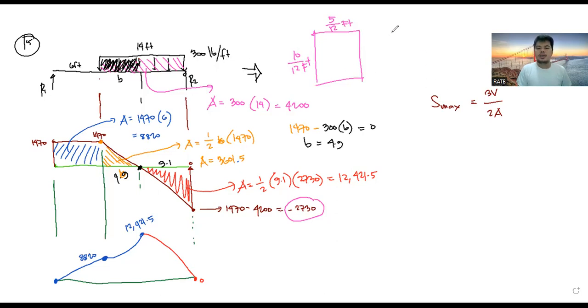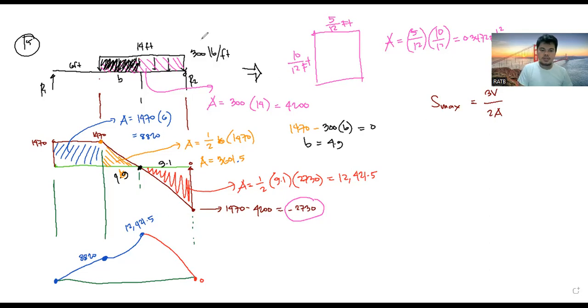Area then is equal to 5 over 12 times 10 over 12, so that's 0.3472 feet square.